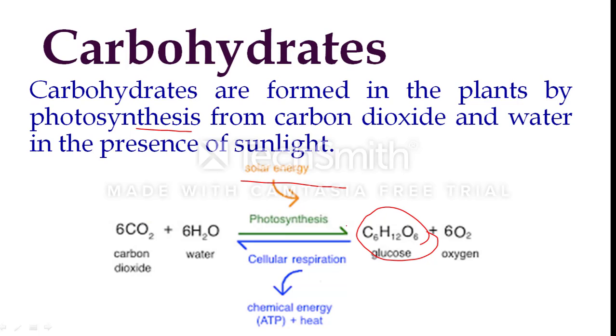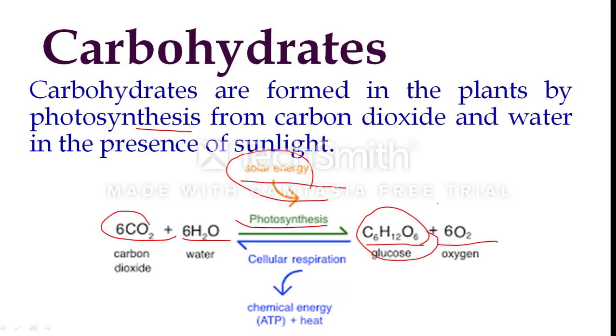During photosynthesis, plants, by utilizing the energy of sunlight or radiation energy, fix carbon dioxide in the presence of water in the chlorophyll pigment in the leaves to form glucose. Along with that, they also release oxygen.